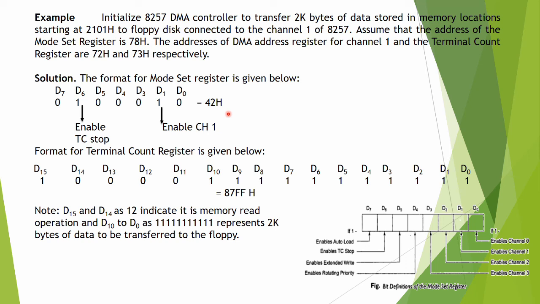Let us consider the terminal count register value. Now we want to transfer 2K, so 2K is nothing but 2 to the power 1 into 2 to the power 10, that is nothing but 11 bits. So bit D0 to bit D10 will be all 1. 11 number of bits will be 1, and here we are using 10, so 10 stands for the memory read operation.